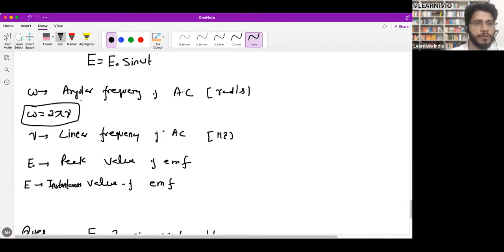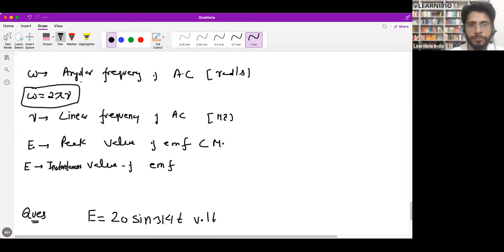This peak value is also known as maximum value, and also known as amplitude. Note it down. So all are the same things.